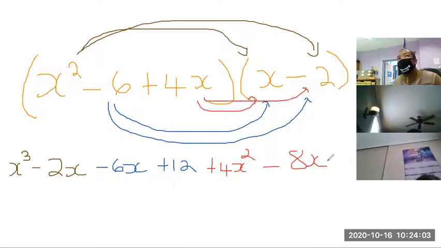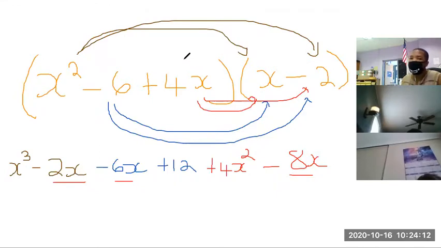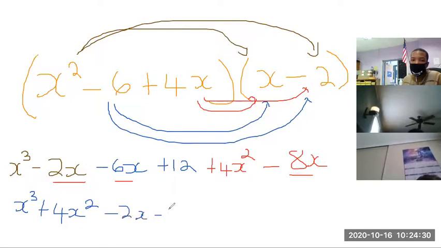After I have this, then I obviously got to combine like terms. I only have these right here that are similar. Others are different. So I end up with, and I'm going to put this in order, standard form, x cubed, and then my x squared would go next, plus 4x squared. Now I have minus 2x minus 6x minus 8x plus 12.